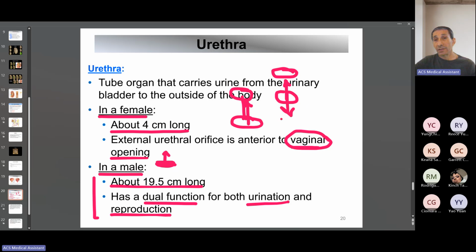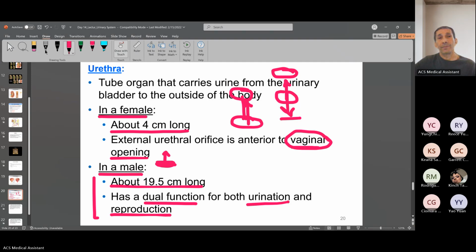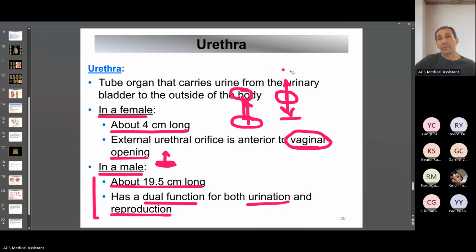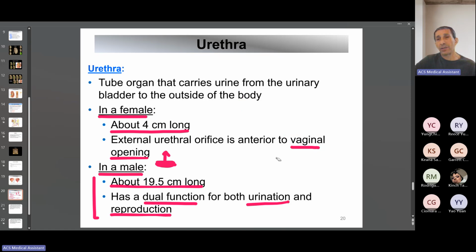Because otherwise, you're going to be constantly developing all these urinary tract infections, particularly urethritis, cystitis. So these are the things that are important, because whenever the doctor gives the patient a diagnosis of cystitis, usually females, then it's because of this.